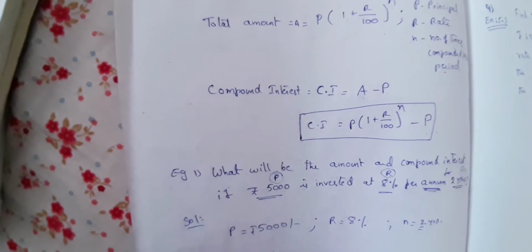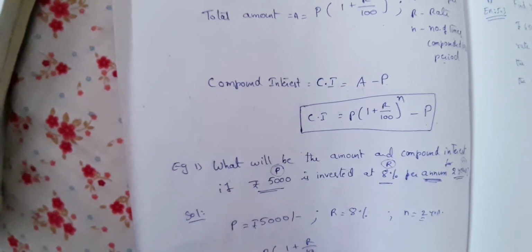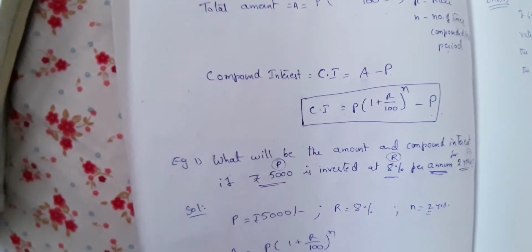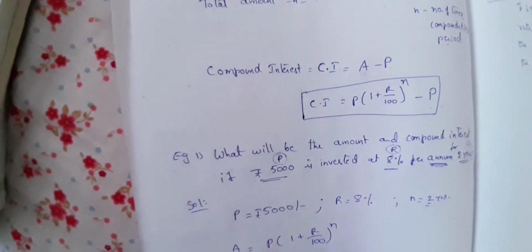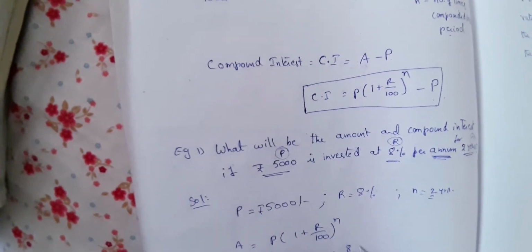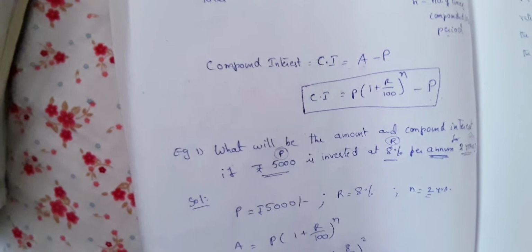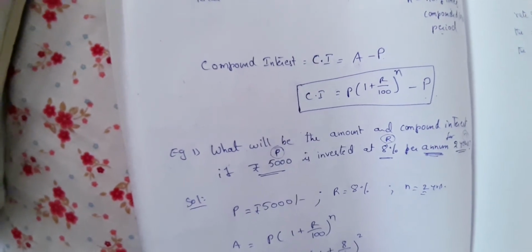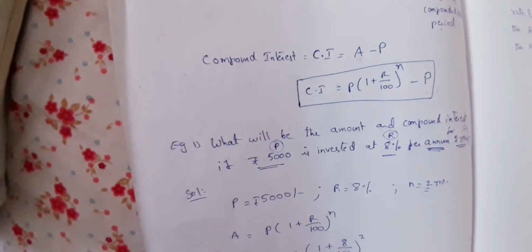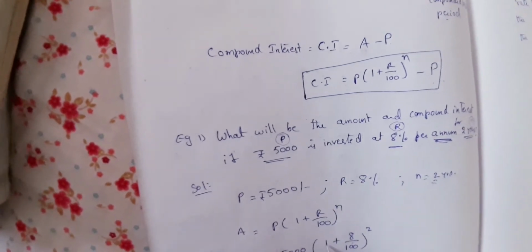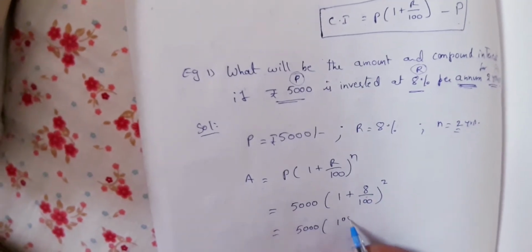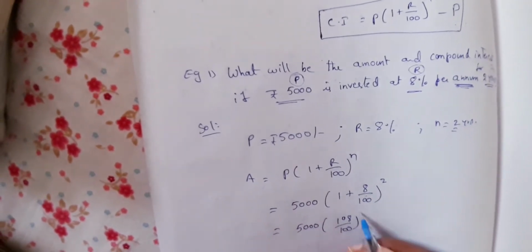P into 1 plus R by 100 whole power N. So what is the P value here? 5,000 into 1 plus R is 8 by 100 whole power 2. Right? So that is 5,000 into, 108 is not. This is 100 plus 8, 108 by 100 whole square.